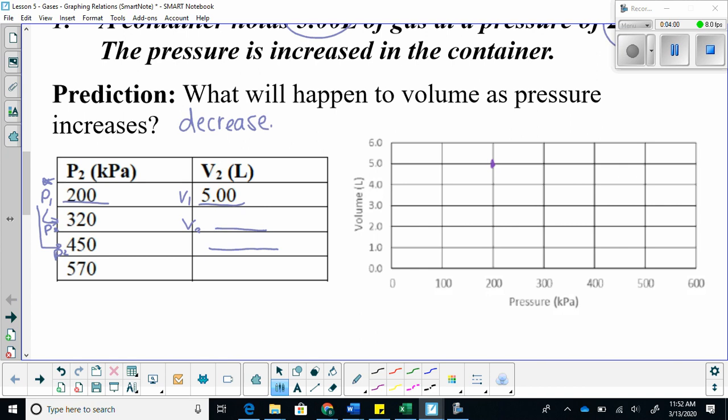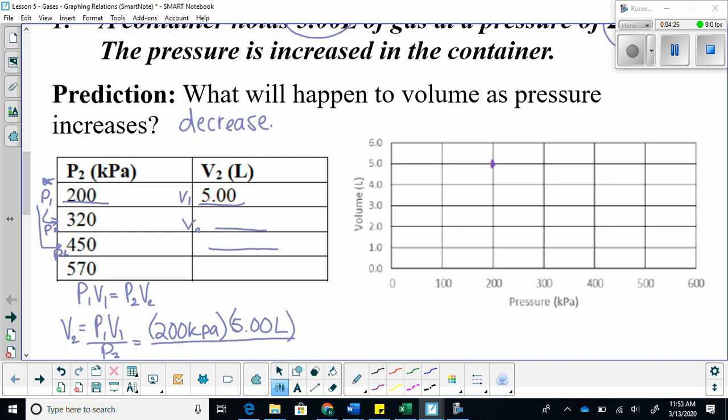So using Boyle's law, P1 V1 is equal to P2 V2. V2 is equal to P1 V1 over P2. Plug in those numbers. 200 kilopascals multiplied by 5 liters divided by this, our P2, 320 kilopascals.